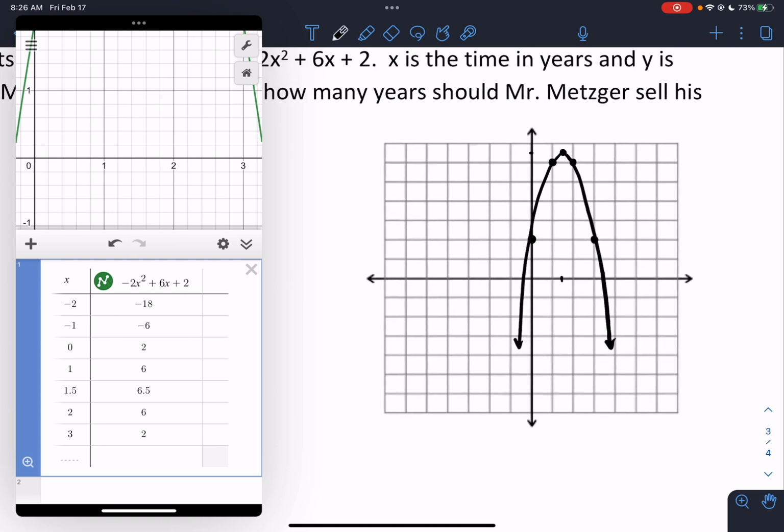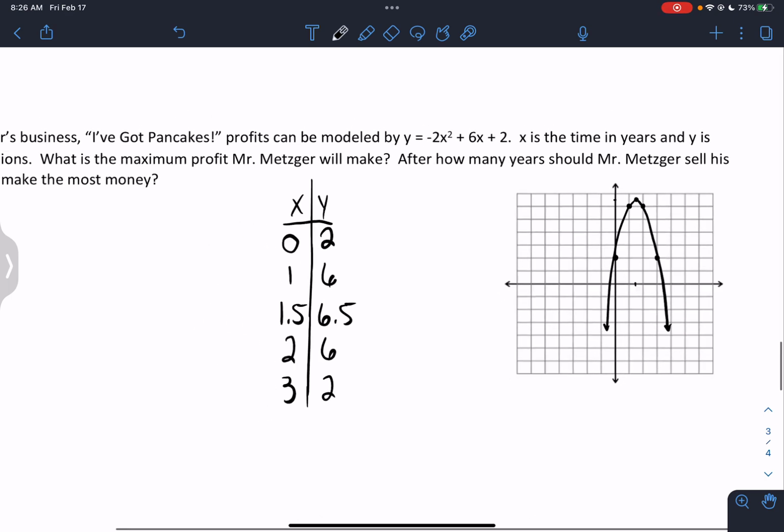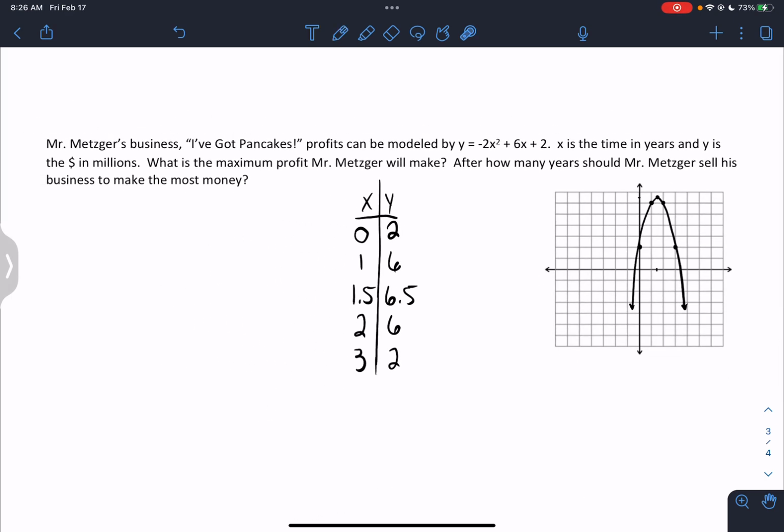When I'm looking to answer these questions, x is the time in years. So this is when my business starts. I'm making good money, it's millions of dollars. Now I'm losing money. The profits I'm making, I start here, and this is where I start losing money. What's the maximum profit that I will make? The maximum is going to be that top value right there, and it's just which one is my profit, the money I'm making.